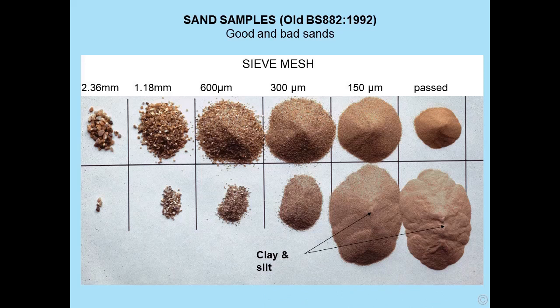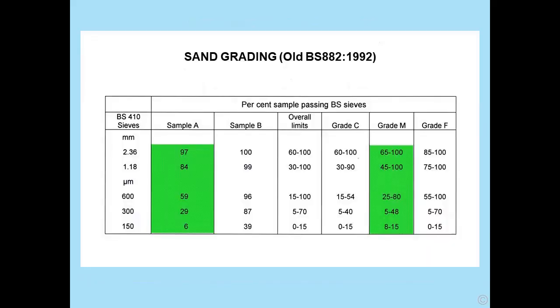It contains a huge amount of clay and silt. And they're just the gradings. I'm not going to dwell on these. There's sample A, passing the different sieves, and that's what was required for grade M. That was the good stuff. Sample B, I think, was the bad stuff. It's way out of grade F even, much lower than that.